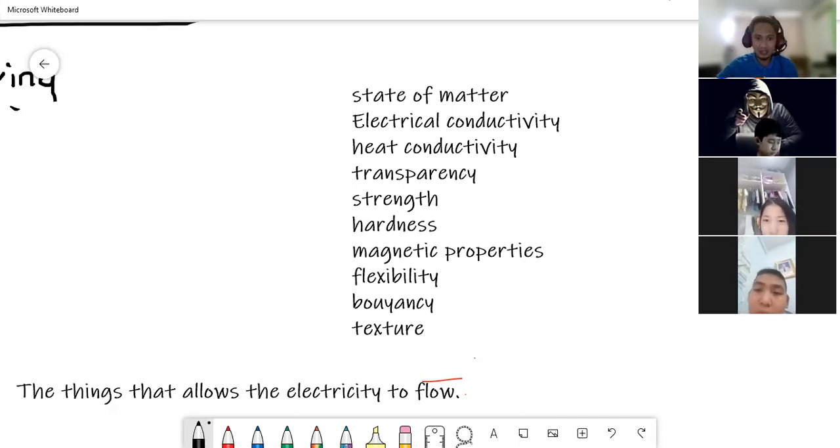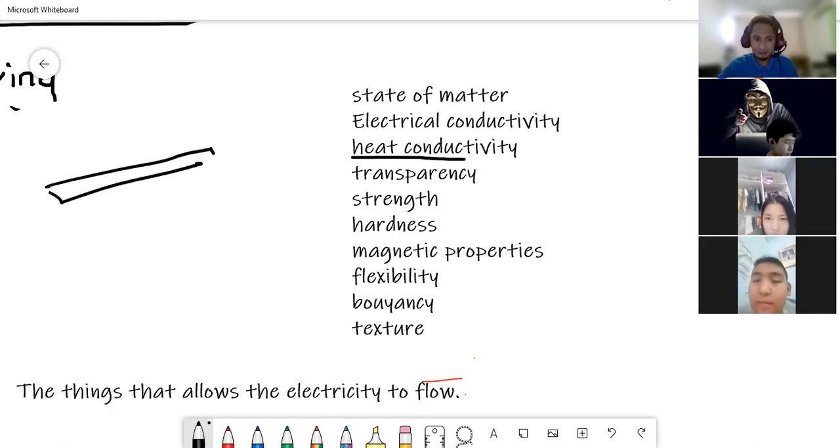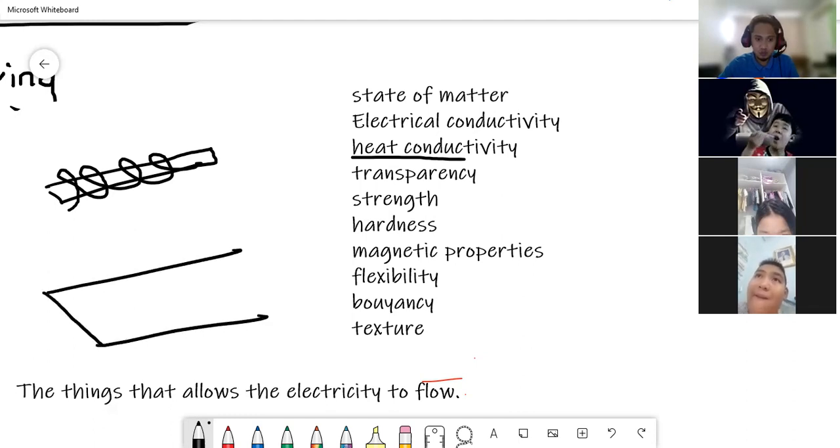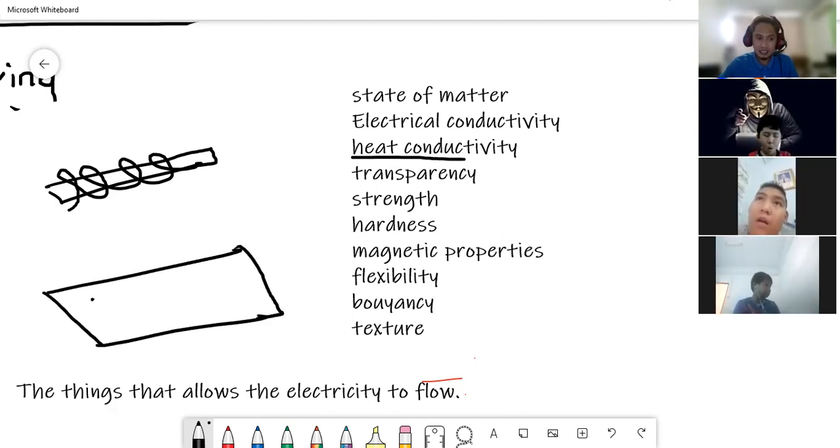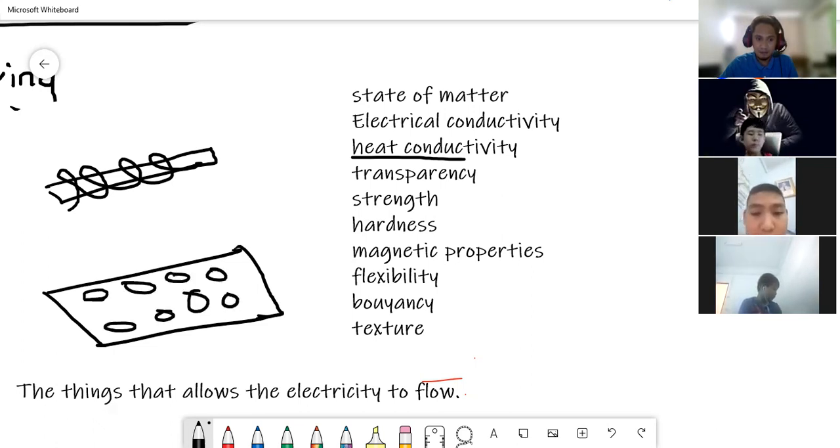So heat conductivity means the objects that the heat energy can flow through, such as metal. That's why we are using mittens, because the tray, the cupcakes of lemon here, inside the oven, the rectangle one is very hot, right?